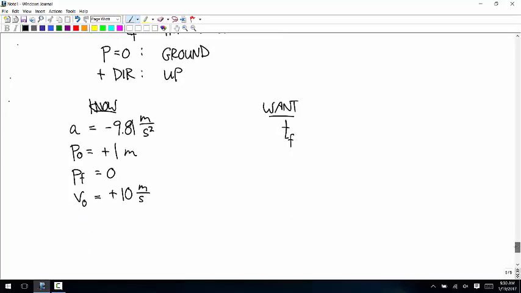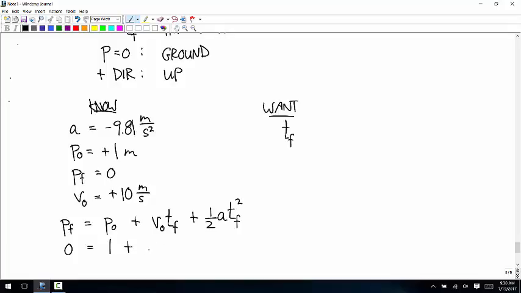Okay, so is there an equation that works with all of these? I think this one should work. PF is equal to P0 plus V0 TF plus 1/2 A TF squared. So 0 is equal to 1 meter. I'm going to leave the units out to save time, but you could put all the units through and it would work out.